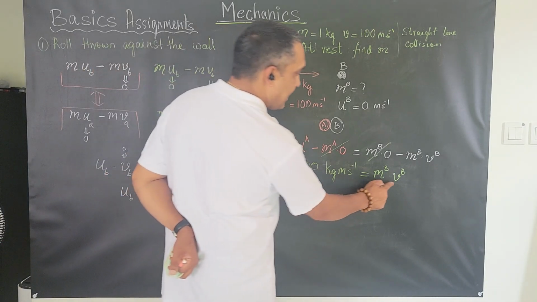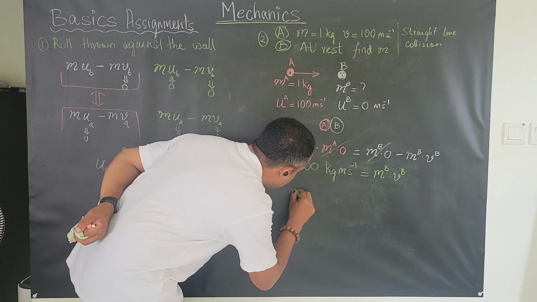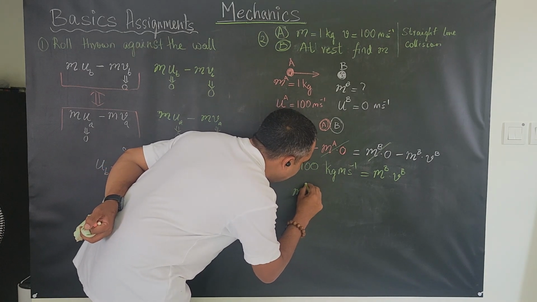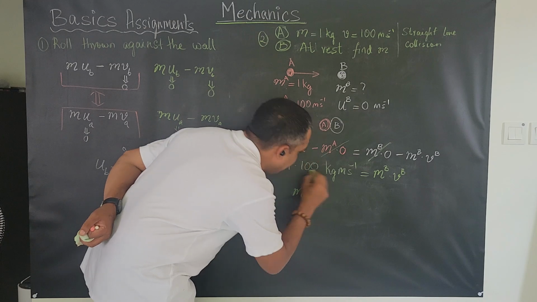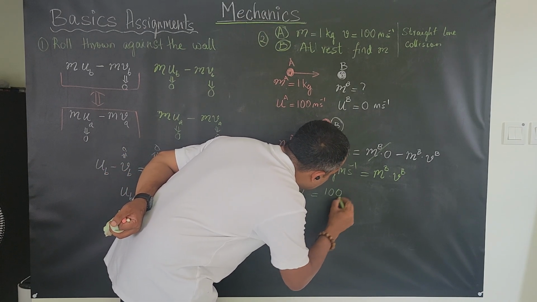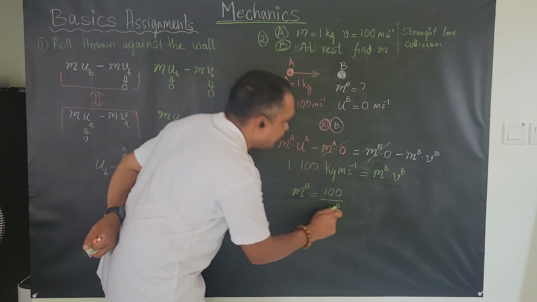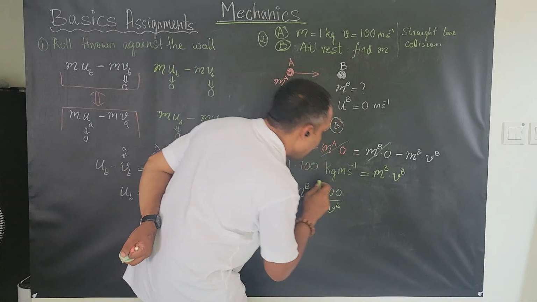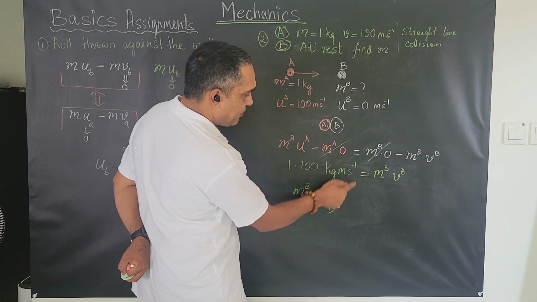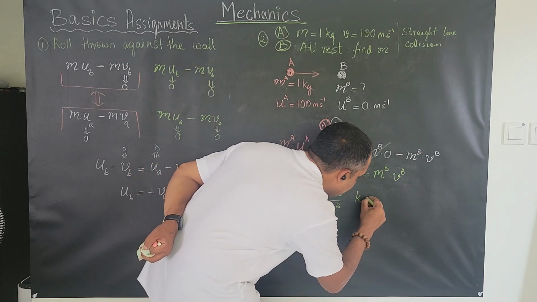The question did not tell us what this velocity would be, therefore I would simply say the unknown mass of object B would simply be 100 divided by the velocity of B, whatever it moved with, right? Now, that's in meters per second. This is kilogram meters per second. So if meters per second cancelled out, I would simply write this as kilogram.